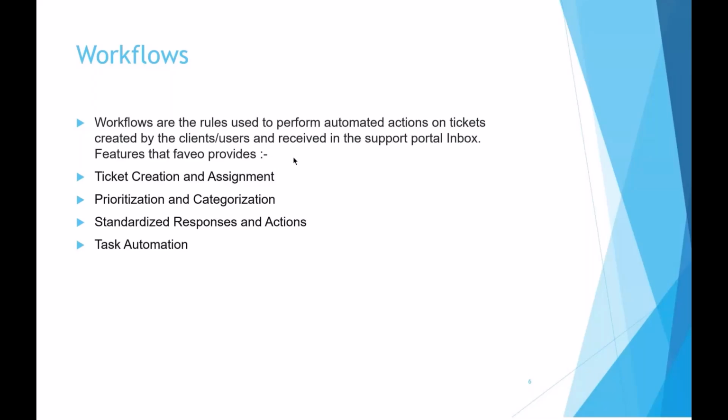So whenever a ticket is generated in the system with the subject having the word emergency, we can set the priority on that ticket to high level, so that within an organization that ticket can be given priority. In this way we can prioritize ticketing with the help of workflows.